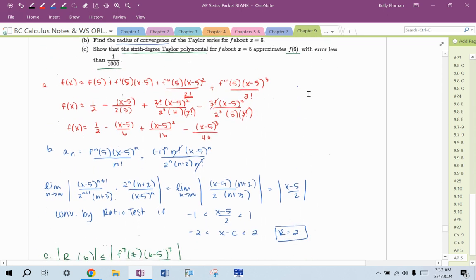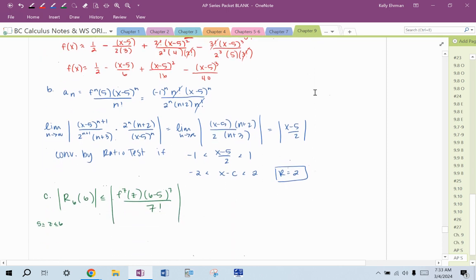We've got the seventh derivative at z. So because we were here, we could say, well, that's going to be less than or equal to, if I put in 7, 7 factorial, because I don't need the negative 1 to the n, over 2 to the 7th times 7 plus 2.